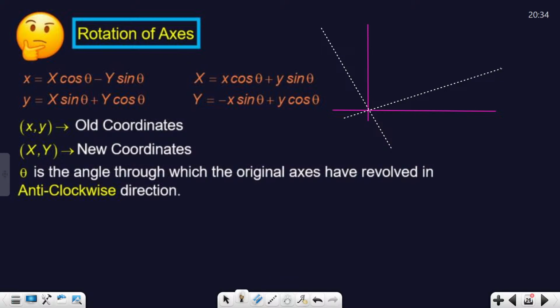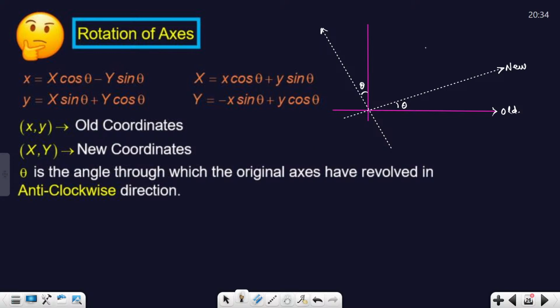The dotted one is the new coordinate system, and this one is old. And it has been rotated through an angle theta. So this angle is also theta.